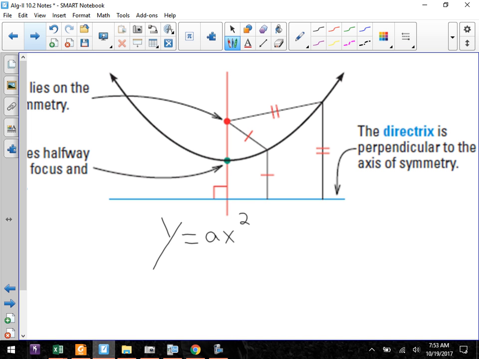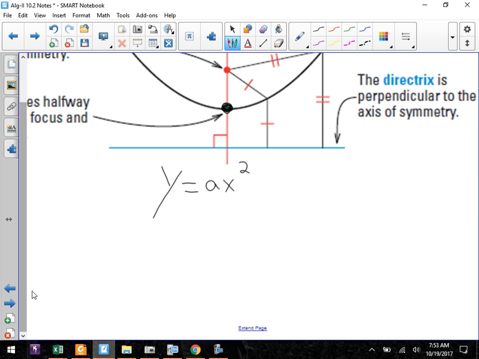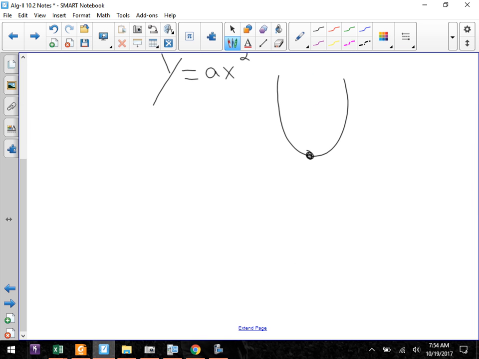Every parabola has some sort of vertex. Parabolas can open up or down, and they can move left or right, and we'll explain that in a second. A basic parabola, y equals ax squared, has some vertex here. Today, all of our vertices will be centered at the origin to make our lives easy, so we understand how things work.